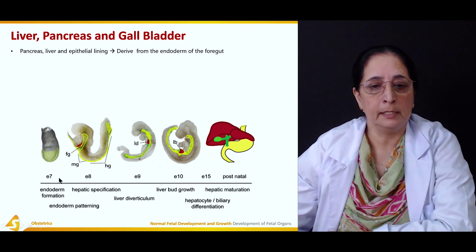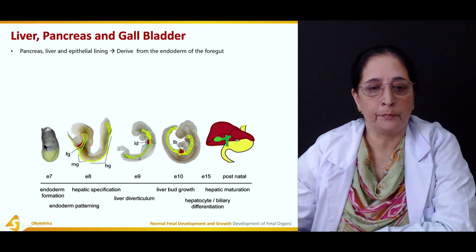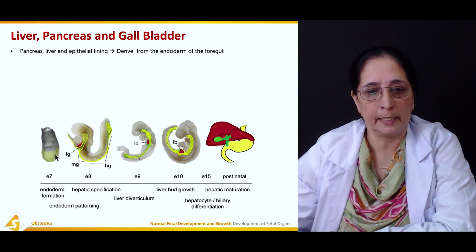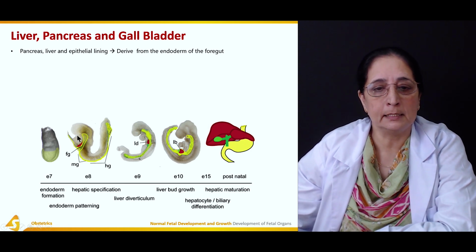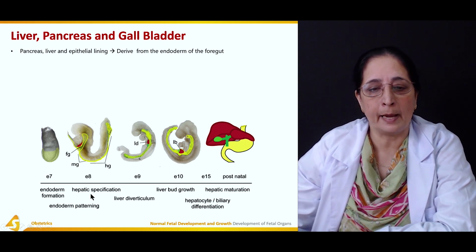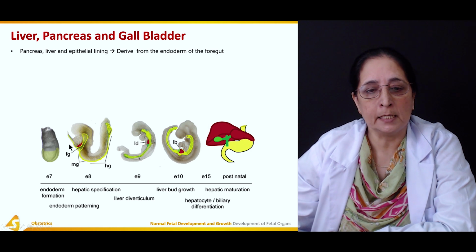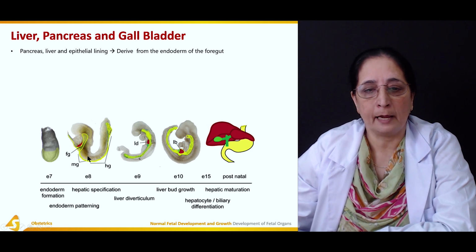So first, at the 7th phase of pregnancy, the endoderm formation is taking place. This is the endoderm, and then there is hepatic specification in the 8th phase of pregnancy, and endoderm is divided into foregut, midgut, and then we have hindgut.